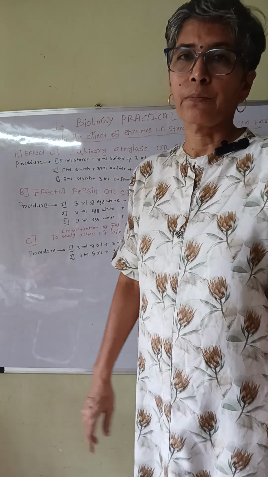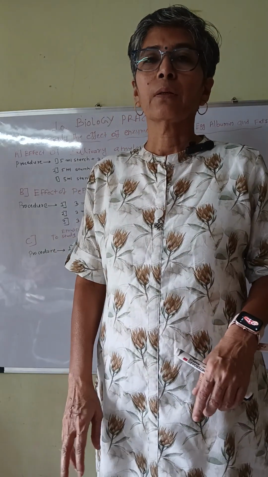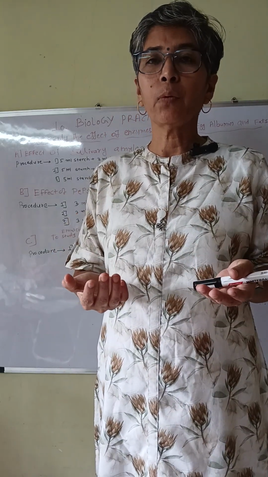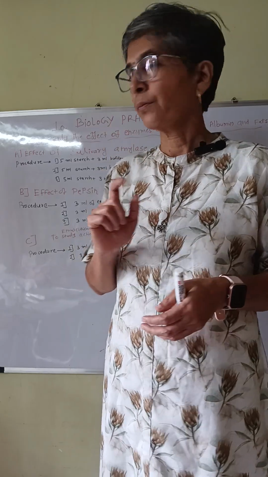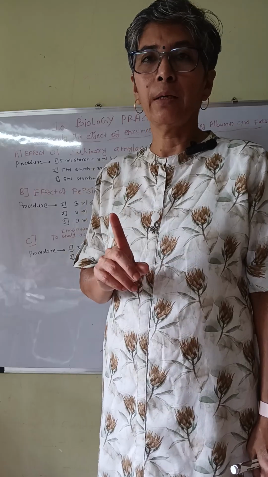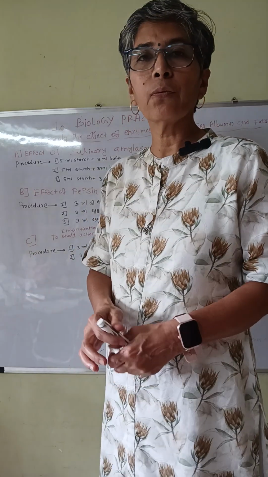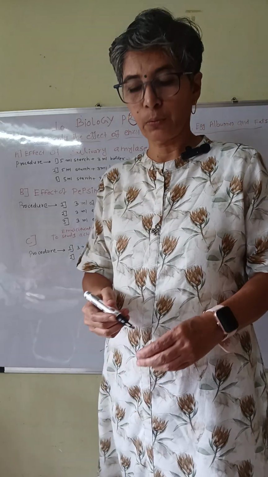In procedure, we are taking two test tubes. Create a setup of two test tubes, number 1 and number 2. Label them. Then in each test tube, add 3 ml of oil. Okay.